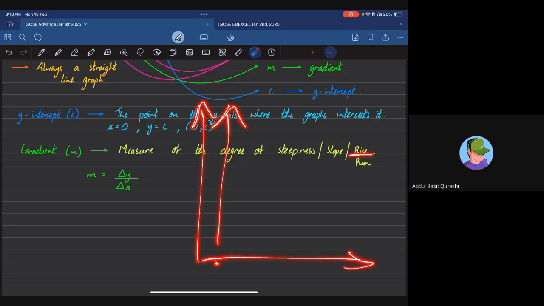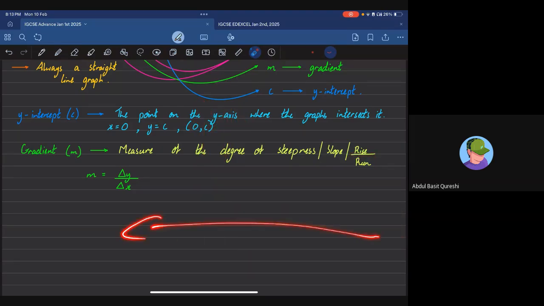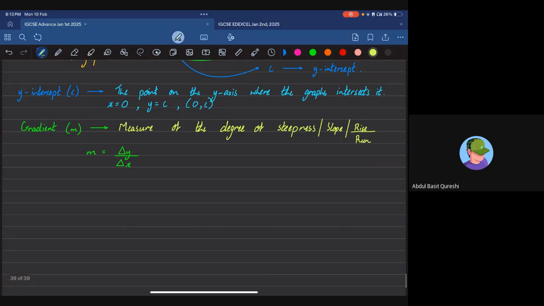Rise over run. This is running. Regardless of whether it's over there or there, that's another issue. So technically, how do we calculate the gradient? We say that this is the change in the y-axis coordinates over the change in the x-axis coordinates. So it is going to be equal to y2 minus y1 over x2 minus x1.